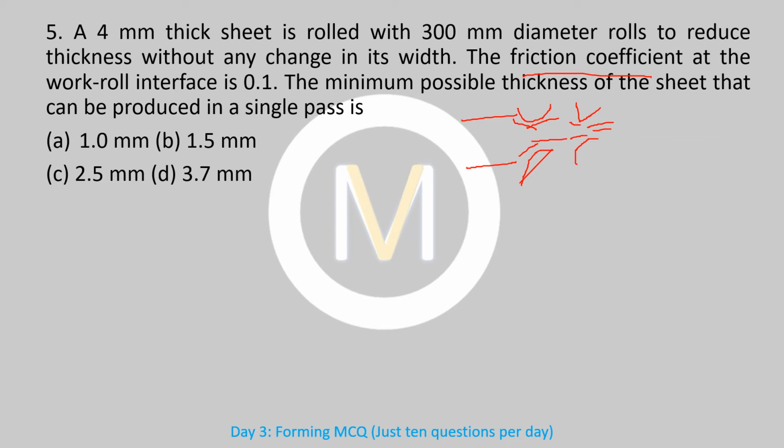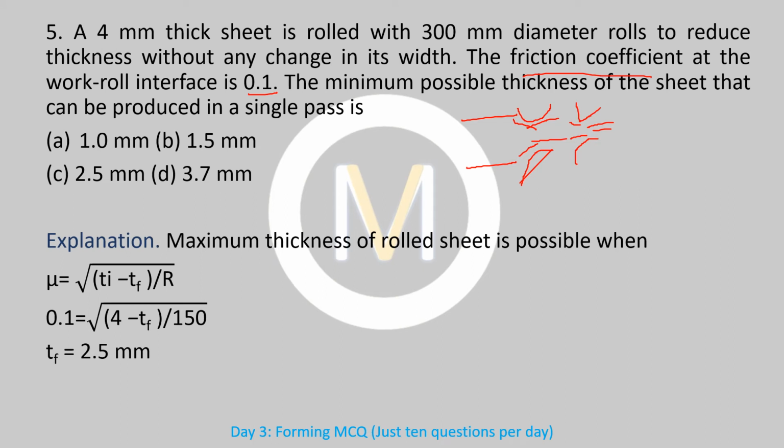So what is the minimum possible thickness that can be achieved in a single pass, taking the coefficient of friction as 0.1? The maximum reduction is a function of, again, this formula we have seen earlier, mu. So this reduction is dependent on this mu. Ti is the initial thickness, Tf the final thickness, R is the roller radius.